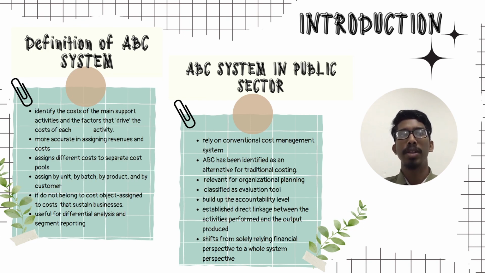ABC argues that activity consumes resources to generate products and services. In effect, the main task with ABC is to identify, for overhead and indirect costs, the relevant activities that consume the cost and the basis for allocating the cost of the activities to the various products and services.